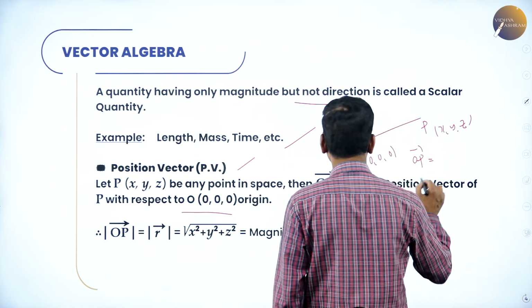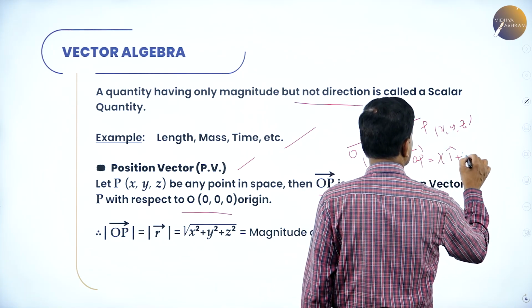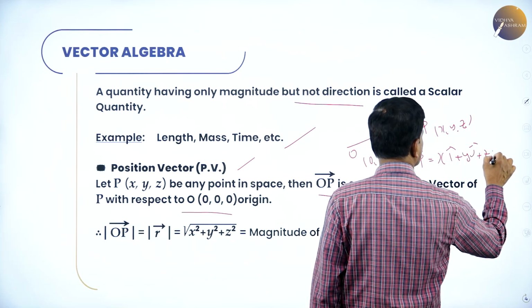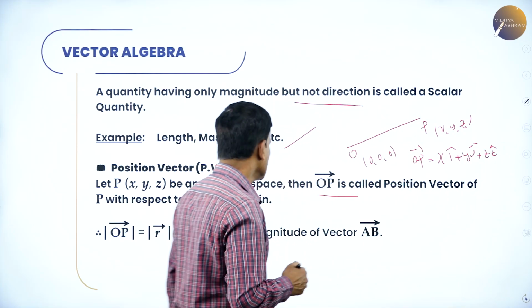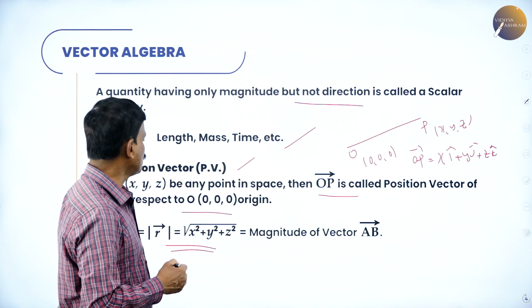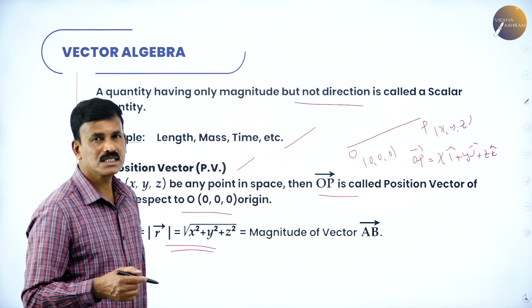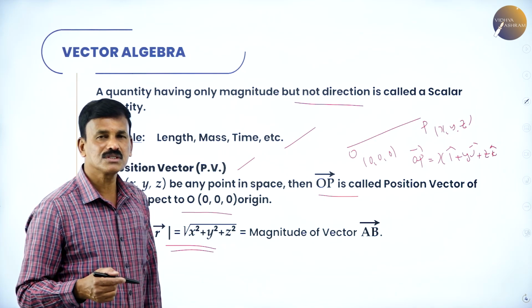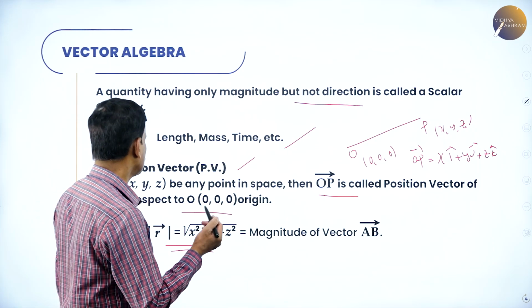The magnitude of vector OP or vector r is given by square root of x square plus y square plus z square.